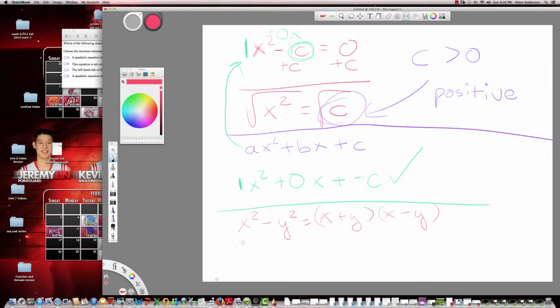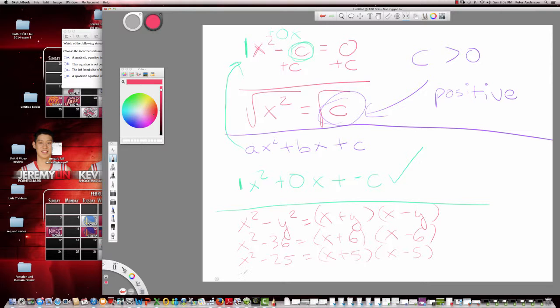If I give you, for example, x squared minus 36, that's automatically x plus 6, x minus 6. If I give you x squared minus 25, that's going to be x plus 5, x minus 5. All I'm doing here, in case this isn't obvious, is taking the square root of x squared, which is x, and the square root of 36, which is 6, and you just put the square roots plus or minus.